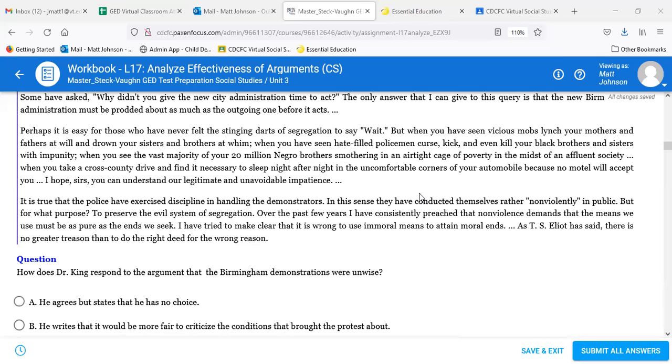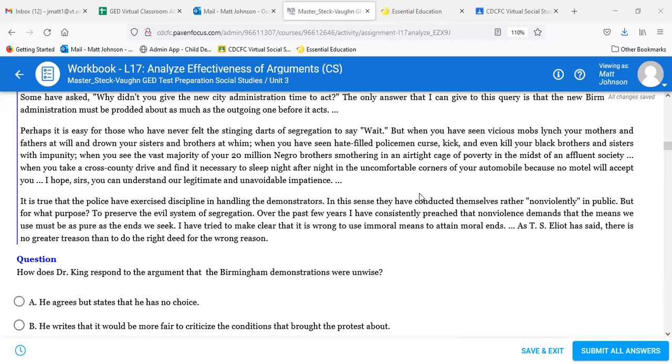Over the past few years, I have consistently preached that non-violence demands that the means we use must be as pure as the end we seek. I have tried to make clear that it is wrong to use immoral means to attain moral ends. As Eliot has said, there is no greater treason than to do the right deed for the wrong reason.